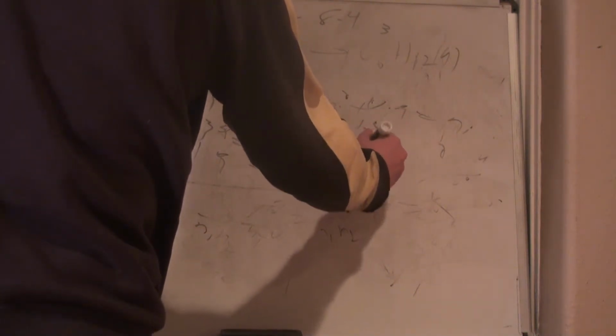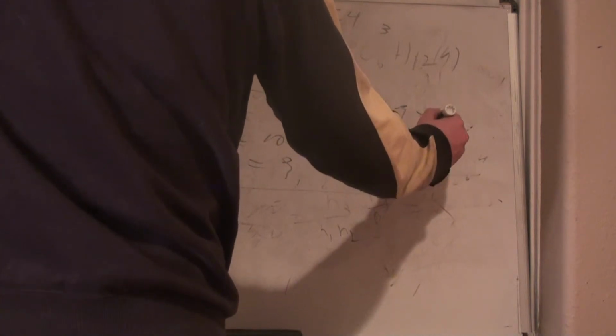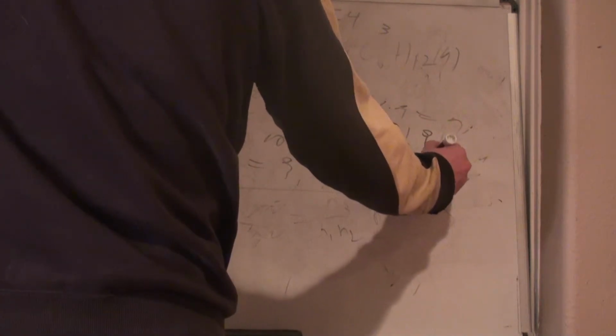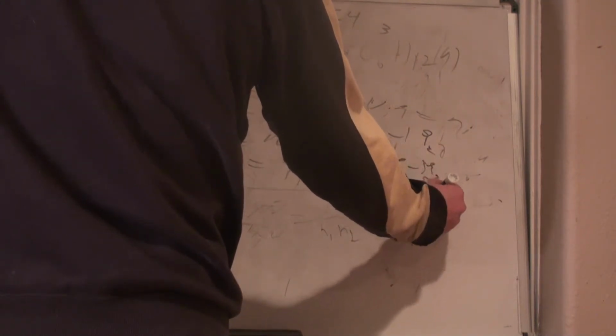So 1 minus squiggly. I'm going to have to distinguish these squigglies: the first reactor and then the second reactor. So 1 minus squiggly 1, 10 minus 3 squiggly 1, and then squiggly 1. Then minus 1 times squiggly 2, minus 3 times squiggly 2, plus 1 squiggly 2. So I've got 1 minus squiggly 1 minus squiggly 2, 10 minus 3 squiggly 1 minus 3 squiggly 2, and then squiggly 1 plus squiggly 2.